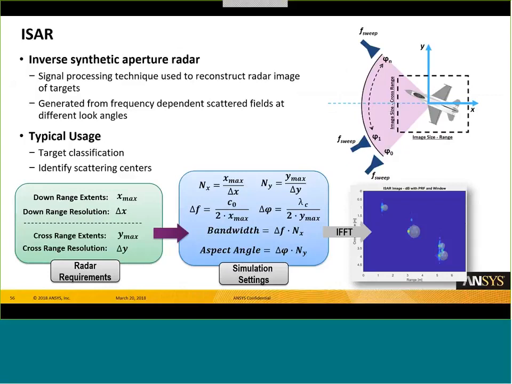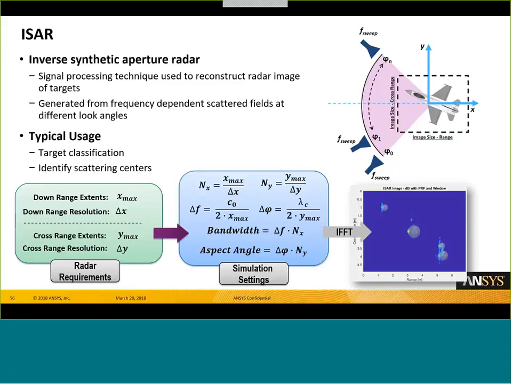So if we just revisit our radar requirements here, we're already familiar with what we need for a range profile. That's X max and delta X. Now we have the cross range requirements, which is Y max and delta Y. That corresponds to simulation settings that, again, the range profile settings are there, but now we also see this additional aspect angle.